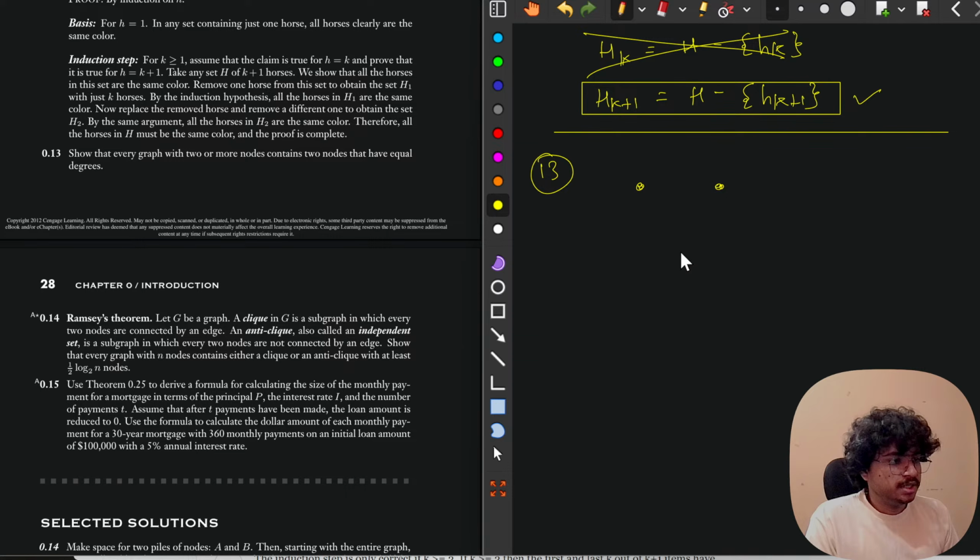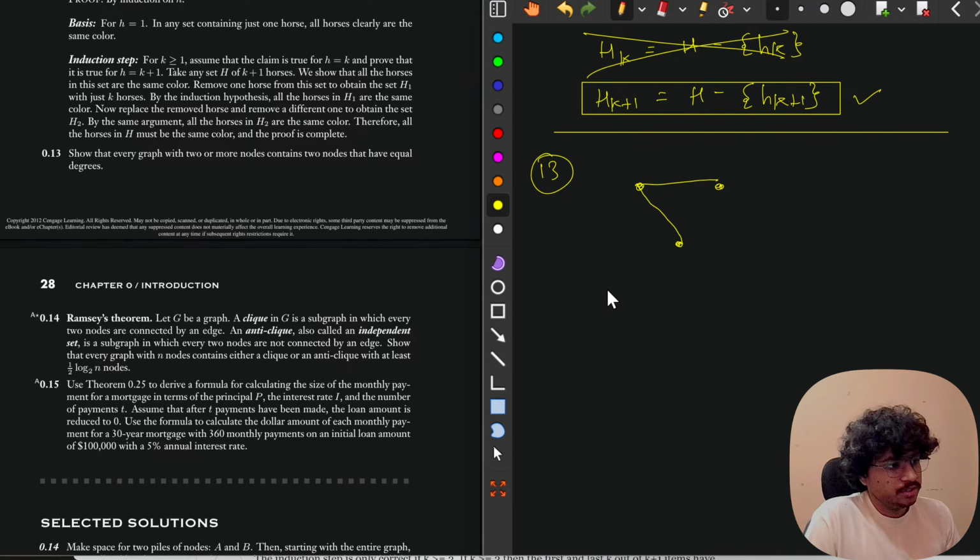Let's say I made three nodes. If I connect this and this, you see this node and this node have equal degree. Well, by construction, I can definitely prove that.